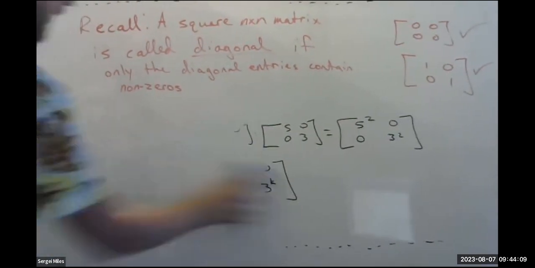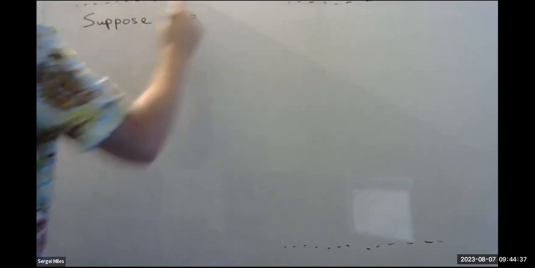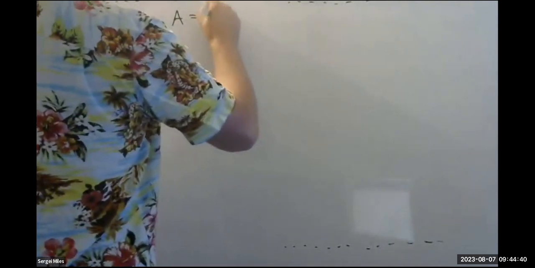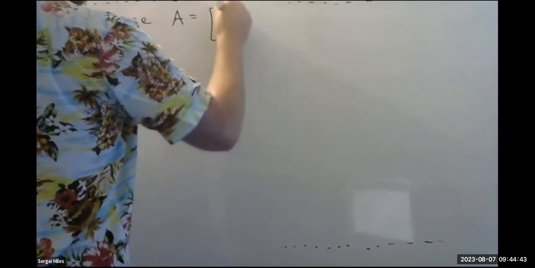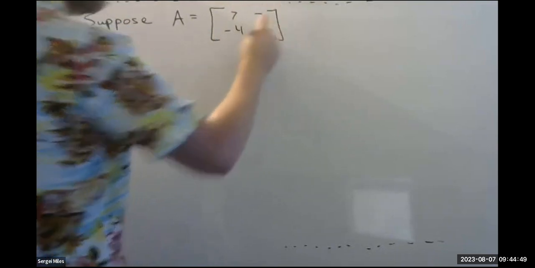What do we do if the matrix is not diagonal? Well, in part, this is where that definition for similar matrices in the last lecture is going to come into key play. How do I mean? Well, let's do the example first. Suppose A equals the matrix 7, 2, -4, 1.